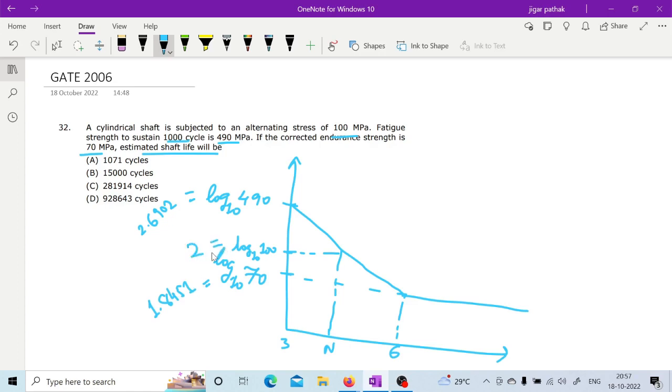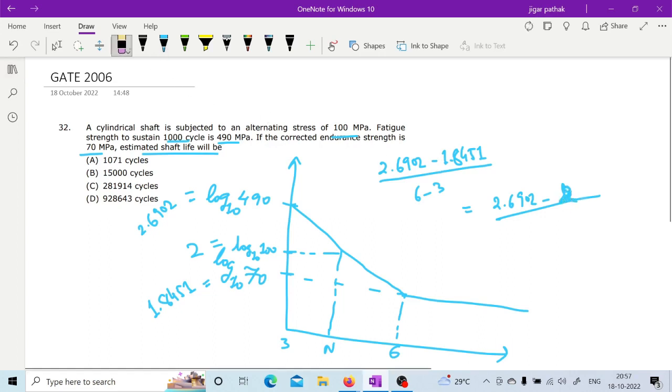Log 10 100 will be 2. So from this, 2.6902 minus 1.8451 divided by 6 minus 3 is equal to this 2.6902 minus this 2, upon this 6 minus log 10.